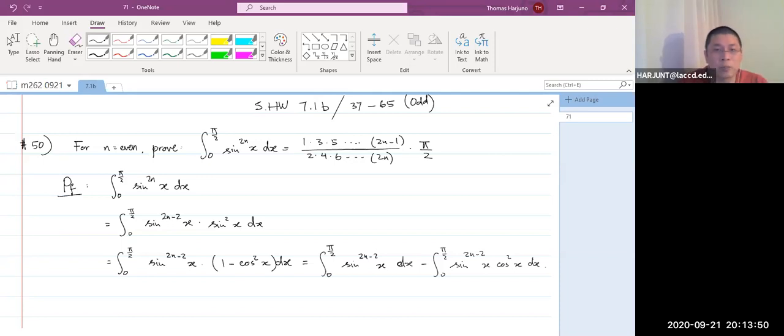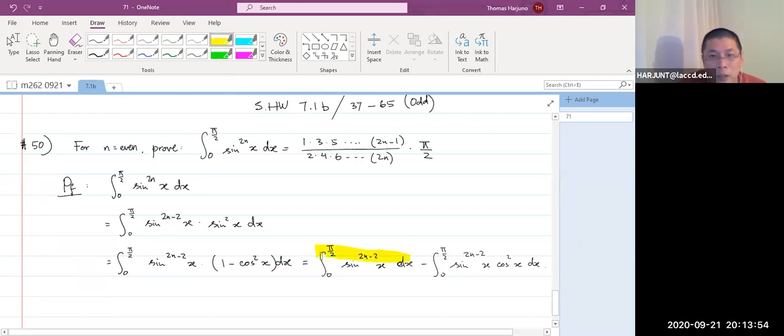Notice that the exponent here is already exactly 2 less than the exponent here. Okay, it's exactly 2 less than the exponent there.